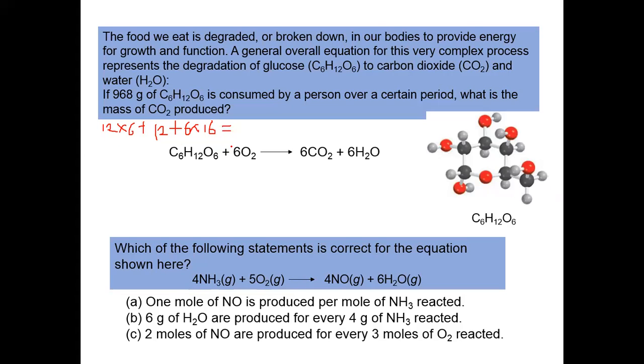So can you tell me what the molar mass of glucose is going to be? Can you calculate this? Just calculate and then I'll write it here. What is the molar mass of glucose? If you do this calculation, it will be 180 grams.